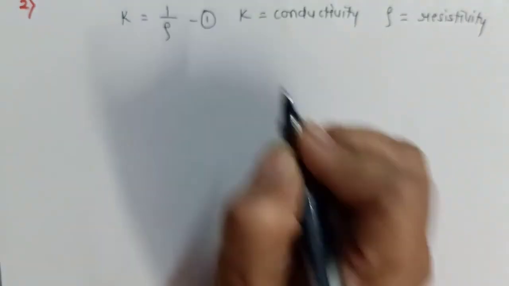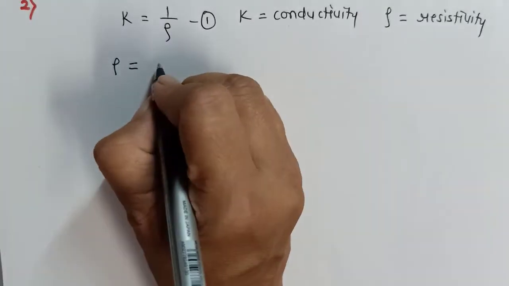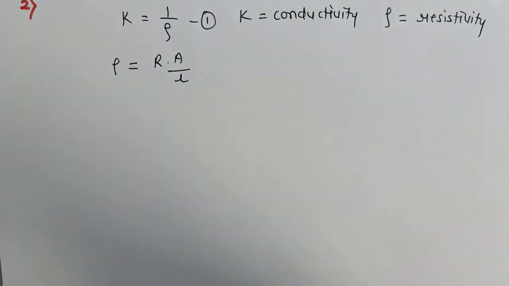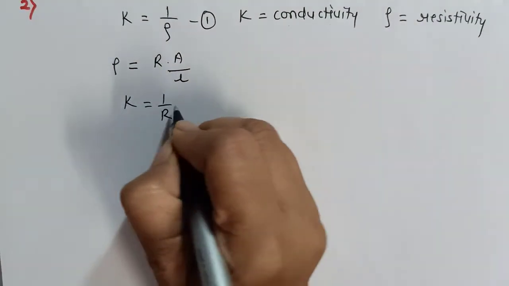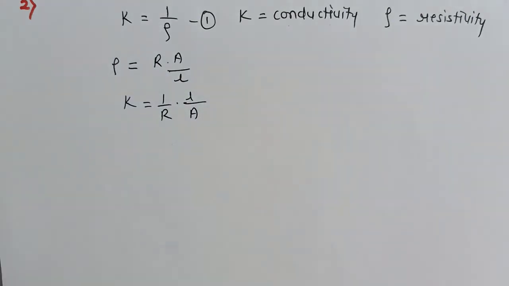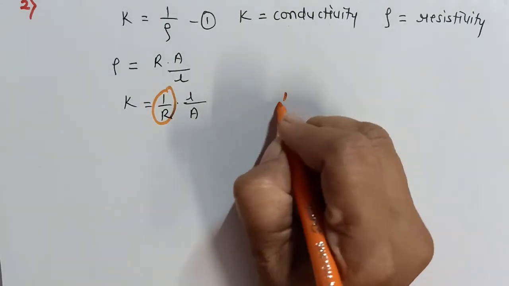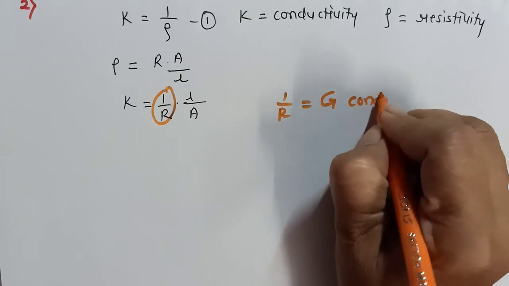Let us give it as equation number 1. Now we know rho is equal to R A upon L. So let us substitute this value. Therefore K is equal to 1 upon R into L by A. Now we know that 1 by R is already defined as G, which is the conductance of the cell.